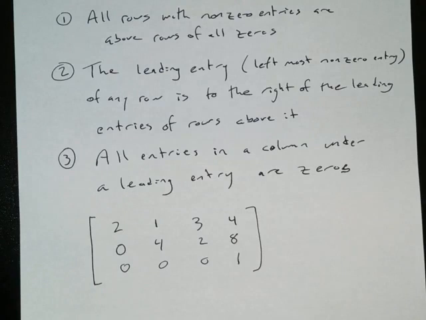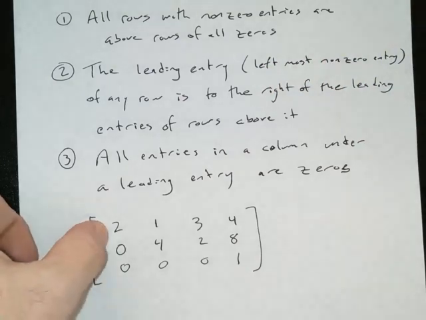Whether I think of this as part of a system of equations or just the coefficients, I just want to look at this and go, does this match our 3 conditions? Are there any rows of all zeros? And I don't have to worry about the first one. The first one would say all the rows that have all zeros should fall to the bottom. Not worried about that.